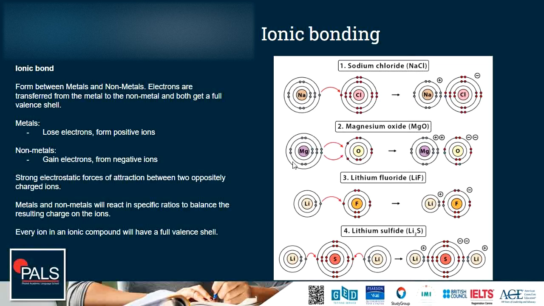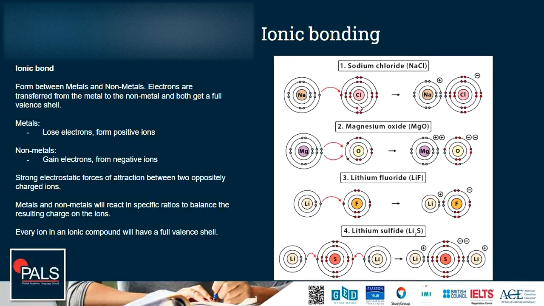Magnesium oxide, very similar. The difference here, however, is that magnesium has 2 electrons on its outer shell. Oxygen, on the other hand, has 6 electrons on its outer shell. Magnesium wants to lose its 2 electrons, and oxygen wants to gain these 2 electrons.